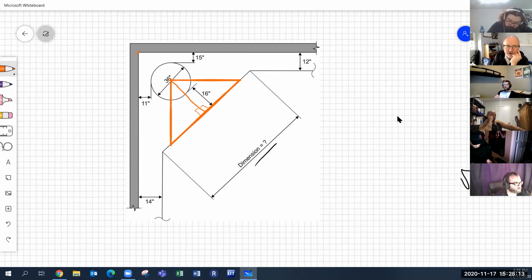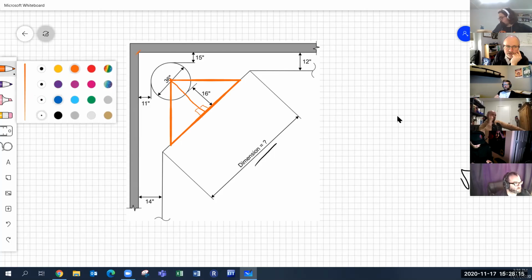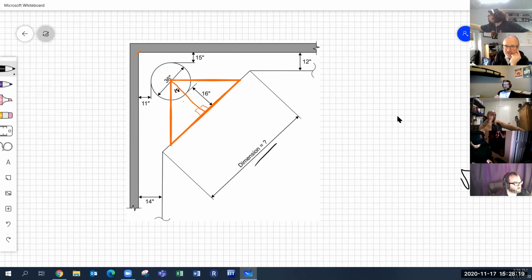So this line is 18 and this is 16. So this total line is 34. And if the rise is 34, then the run is 34, and that's 34 on each side. So this measurement right in here is equal to 68.